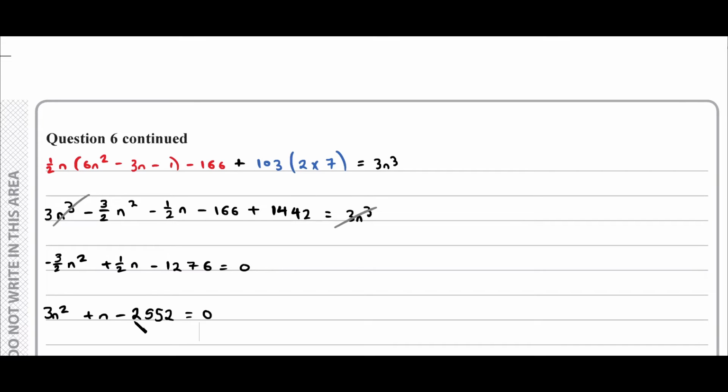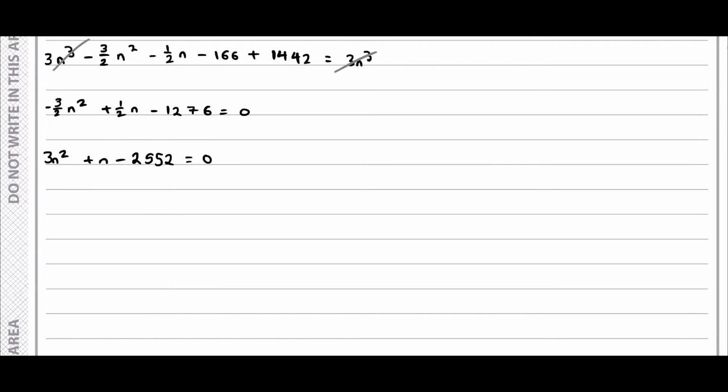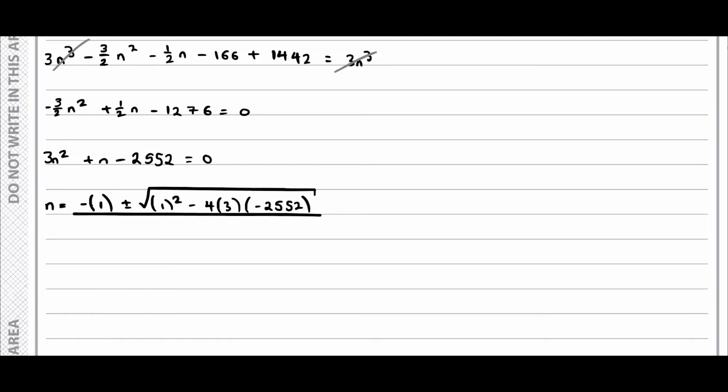We can now use the quadratic formula, so n is equal to minus 1 plus or minus the square root of 1 squared minus 4 lots of 3 lots of minus 2552, then we divide through by 2 lots of 3.